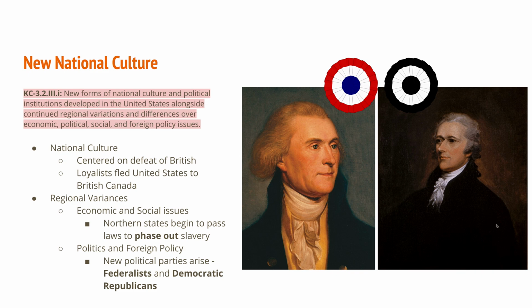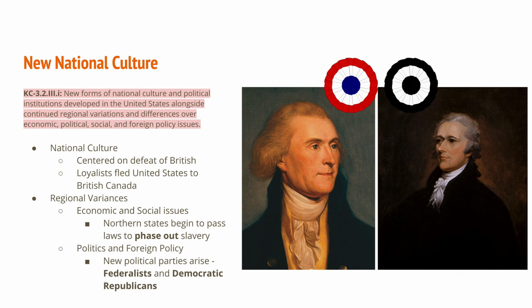In the North, they began to pass laws that were going to phase out slavery, while in the South, those laws continued to protect slavery and will continue to allow for the importation of enslaved people until 1807, when a federal law is passed banning the importation of enslaved people.